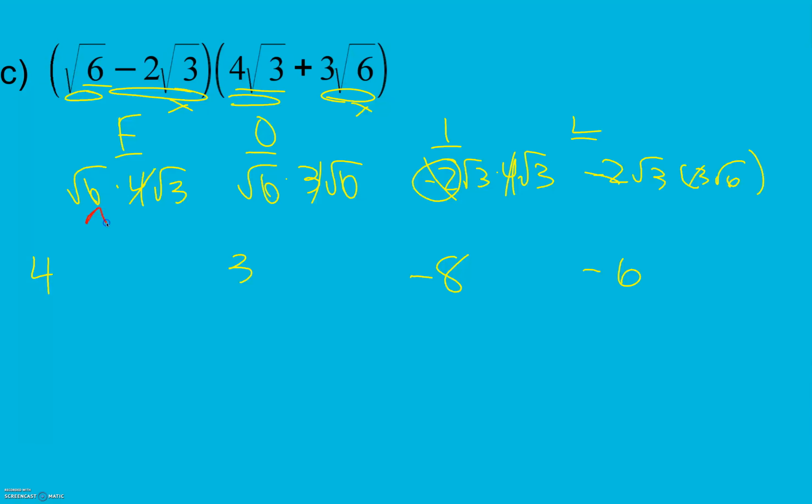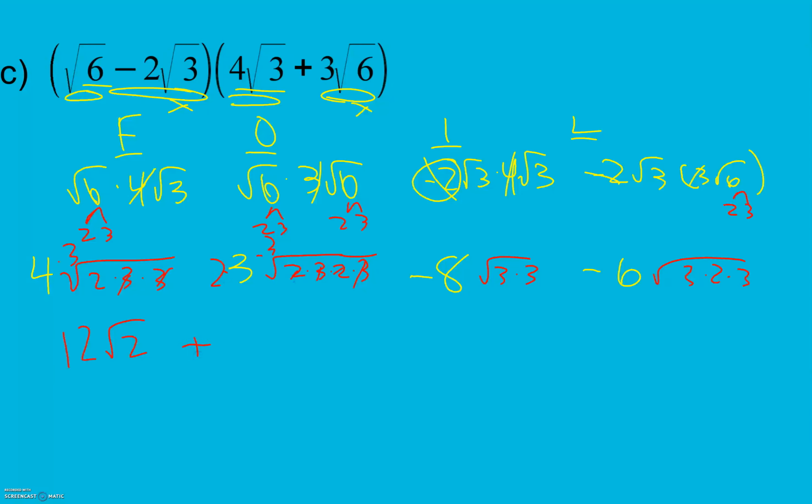Now, inside my radicals, I'm going to break down my radicands and write them as a product. So 2 times 3 times 3, 2 times 3 times 2 times 3, 3 times 3, 3 times 2 times 3. Pair of 3's comes out as a 3. Pair of 3's comes out as a 3. Pair of 2's comes out as a 2.